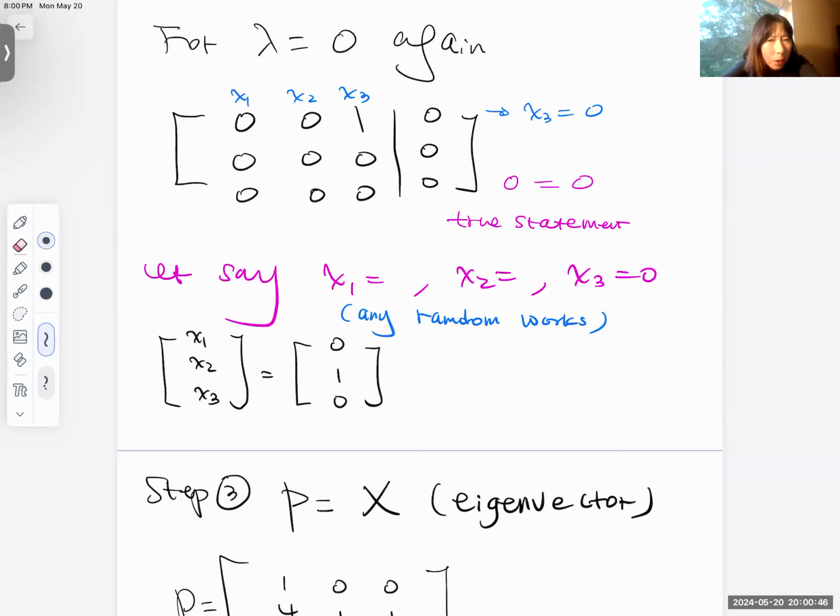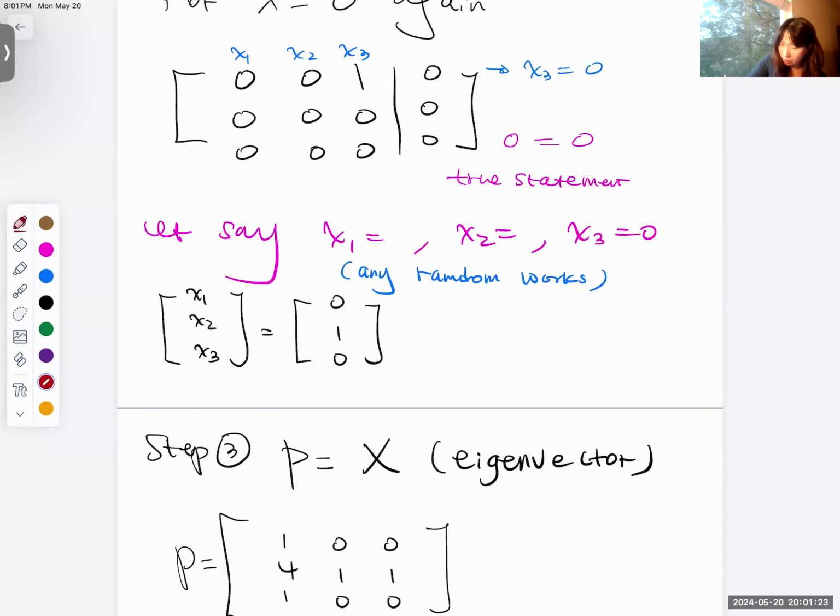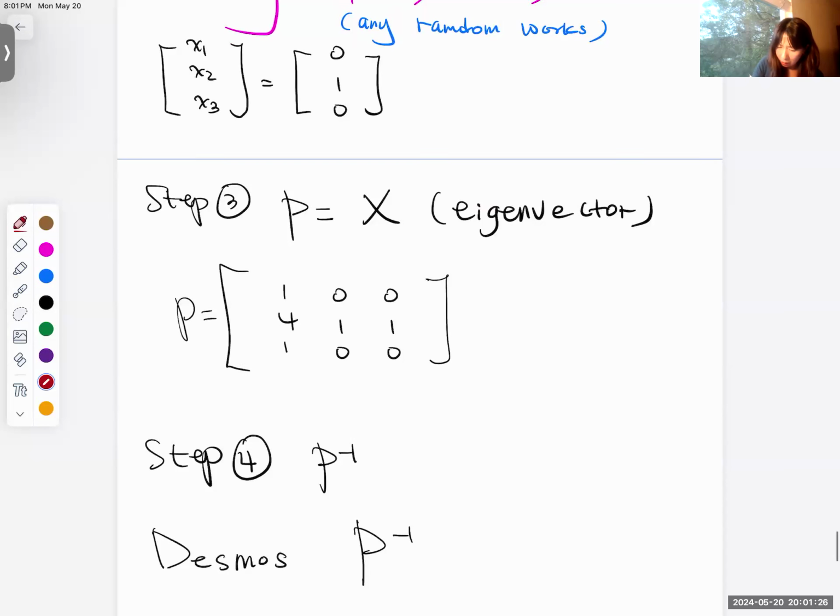Okay, which number is working? 1, 2, 0, okay? Change that to 1, 2, 0.